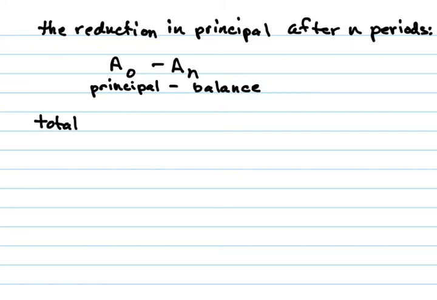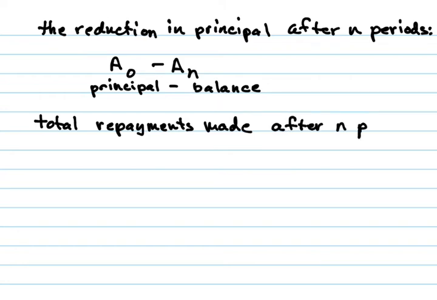Now, we also need another piece of the puzzle. That is the total repayments made after n periods. And this one makes perfect sense too. You simply take the number of compounding periods you've had times the amount that you repaid. Right? And that'll tell you how much you've paid, because every time there's a compounding period, you're making a payment.